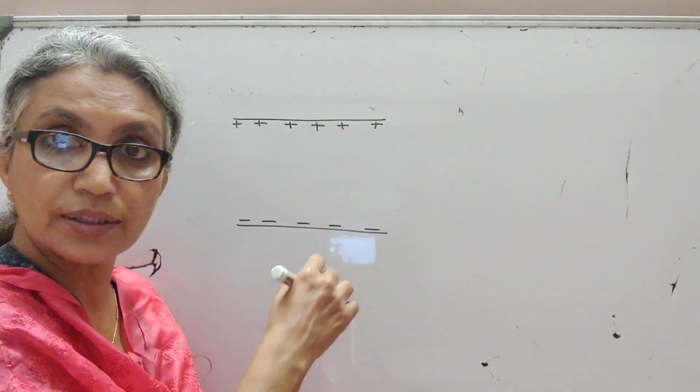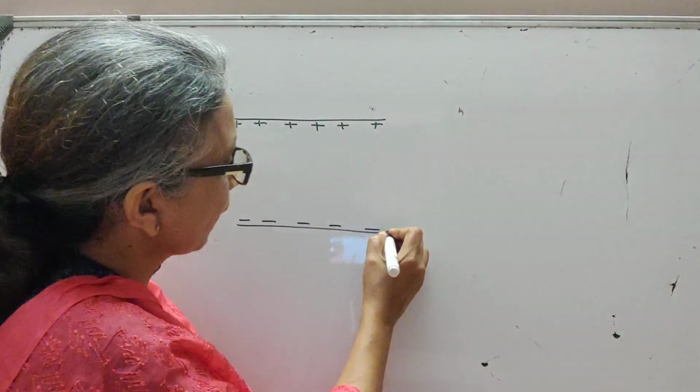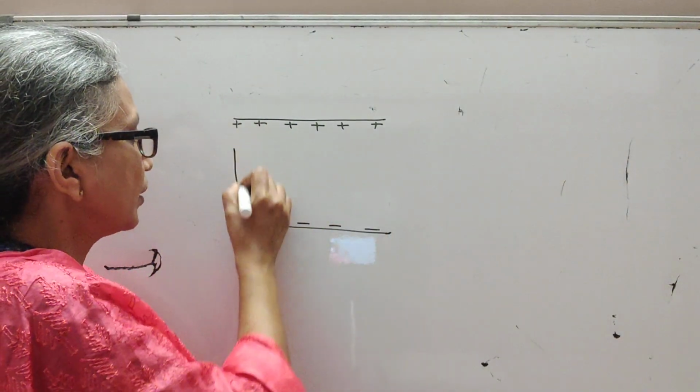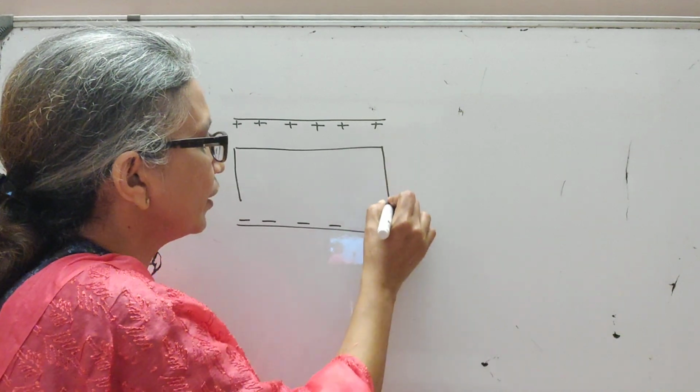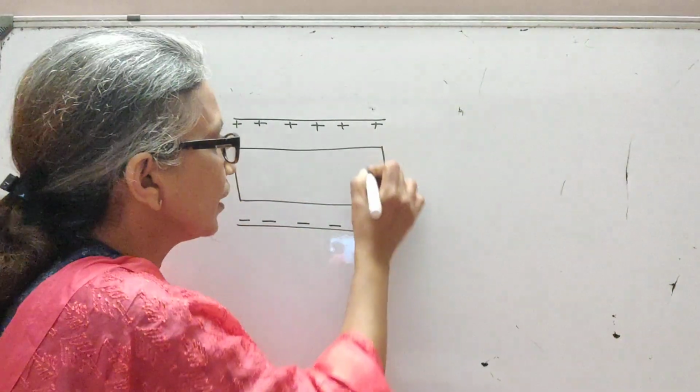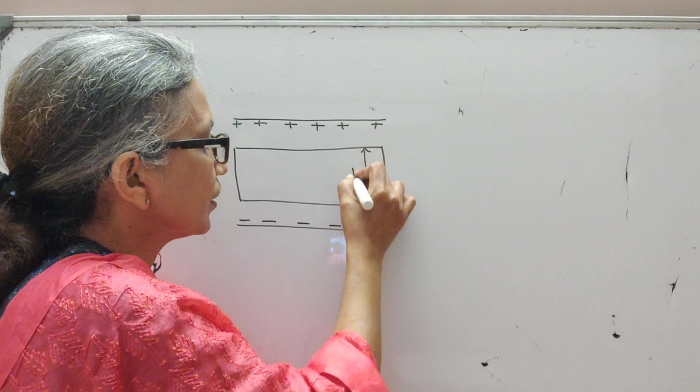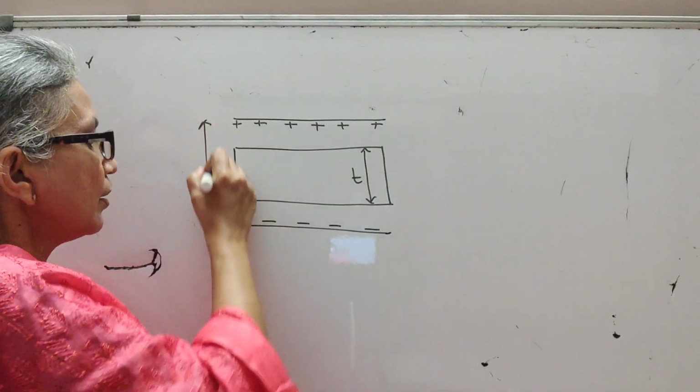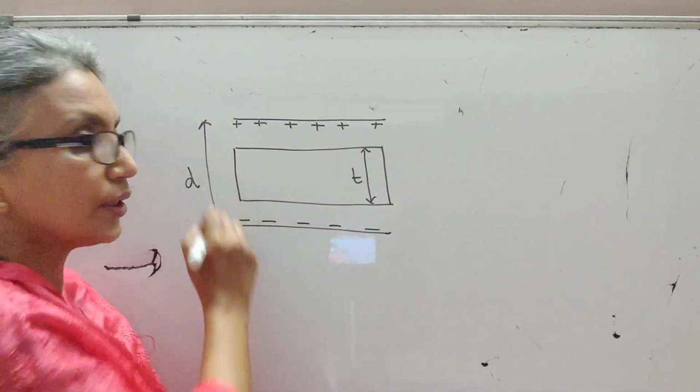And now I'm going to insert a dielectric in between. So I'm going to keep a dielectric which is not completely filling the space, but it has a thickness T, that is less than D, which is the distance between the plates.